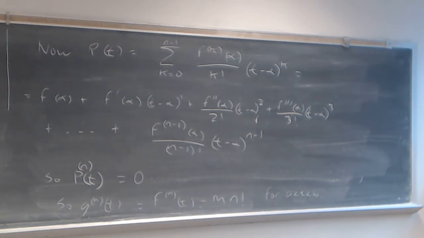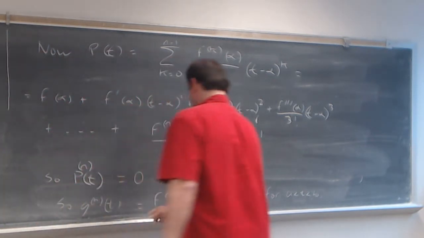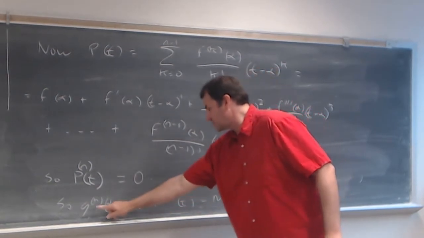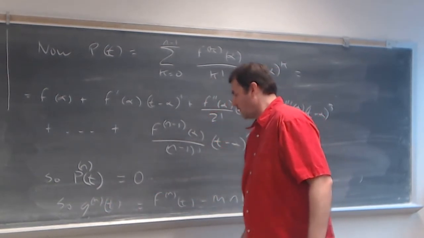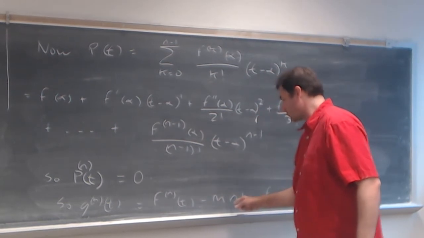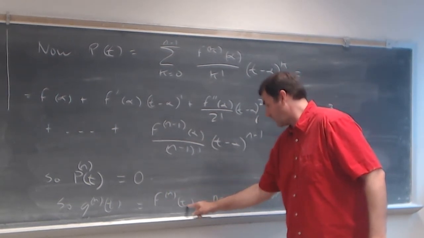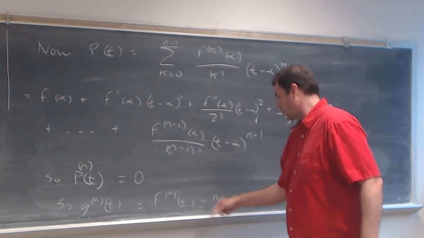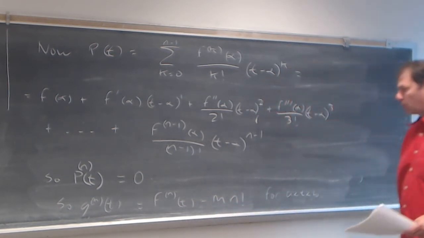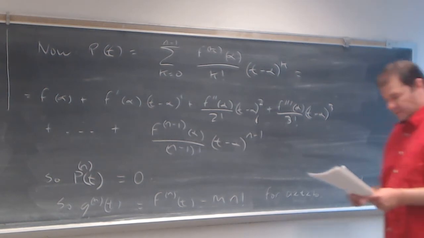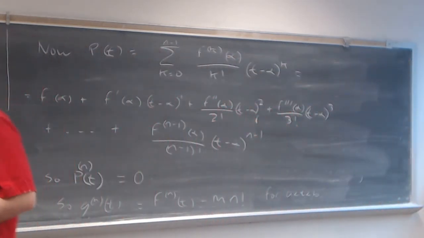So that's going to be my goal, to show that there's some x in between alpha and beta such that this part is 0. Okay? The nth derivative of g evaluated at x is 0. And then when you solve for m, you get the nth derivative of f evaluated at x divided by n factorial is what m is, and that's what we want to get. Okay? Let me write that up.